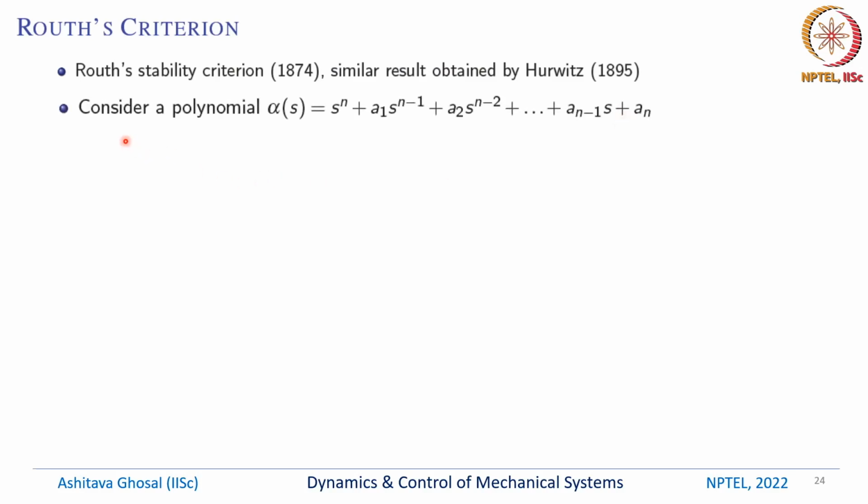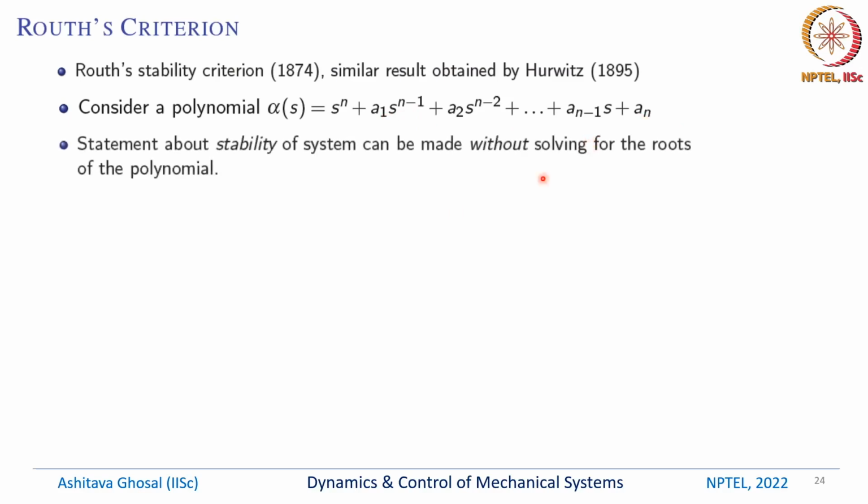So how does it go? Let's consider a polynomial alpha of s, which is given by s to the power n plus a1 s to the power n minus 1 all the way till an. So it's an nth degree polynomial. Can we say anything about the stability of a system without solving for the roots of the polynomial?